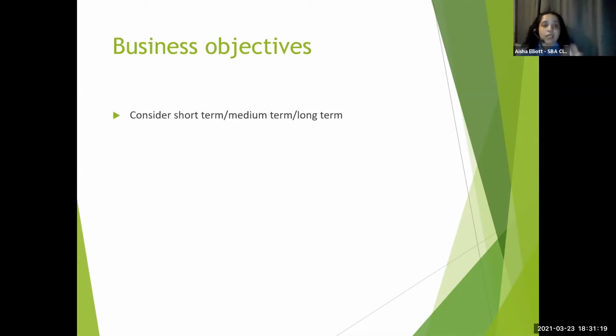After this, you'll be considering short-term, medium-term, and long-term goals. I would say at the end of year 1, at the end of year 2, and at the end of year 3. Set a target that is both financial and non-financial for all of these periods.